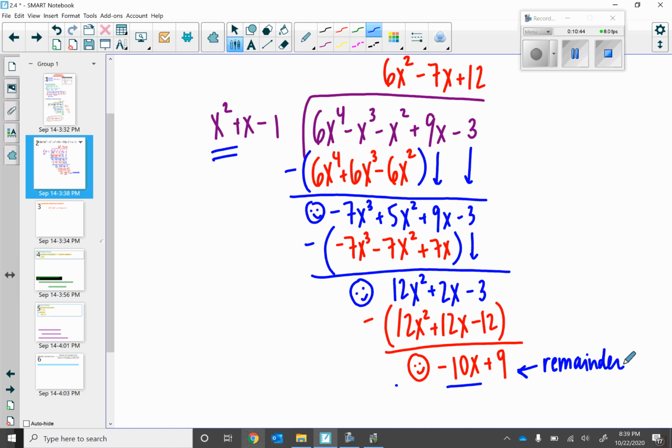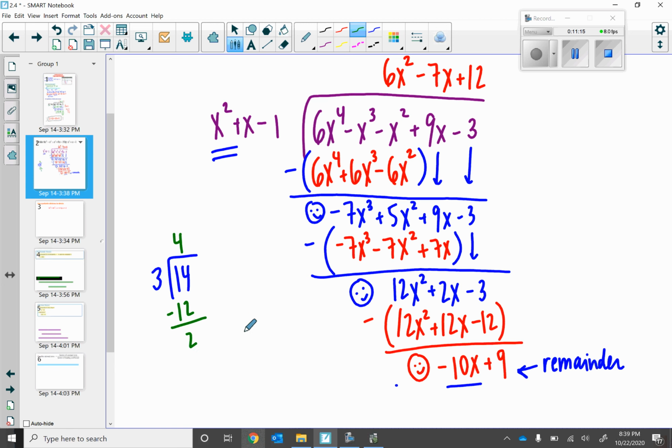Now, to give you a really simple example of how we're going to write our remainder, let's do 14 divided by 3. This is really simple, we wouldn't ever do long division here. How does 3 go into 14? Well, 4 times 3 is 12. 14 minus 12 is 2, and this is our remainder.